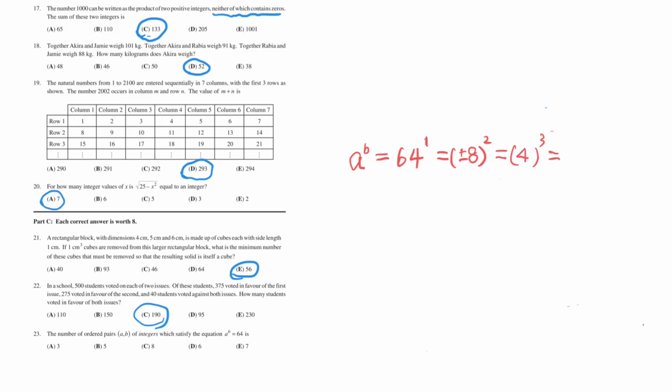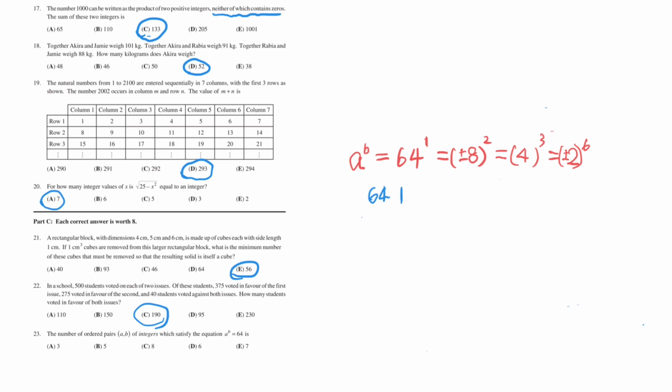And also that's 2 to the power 6. Same thing, positive 2 and negative 2 to the power 6 are both 64. So that's the total pairs. The first one: a is 64, b is 1.